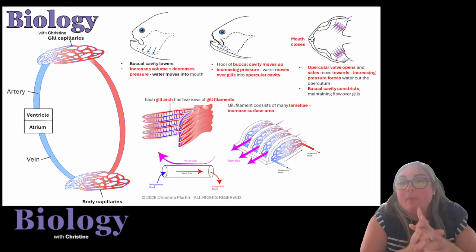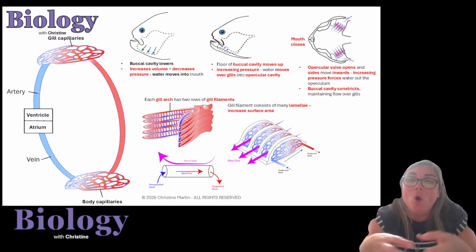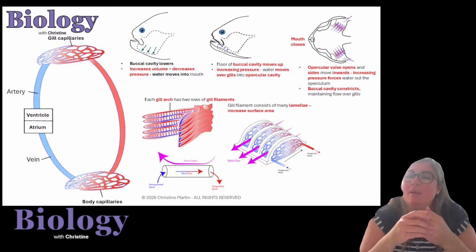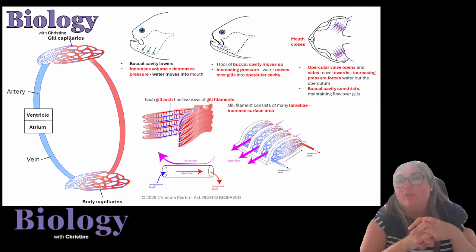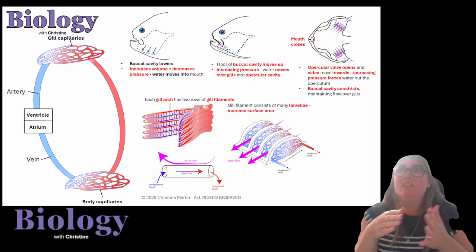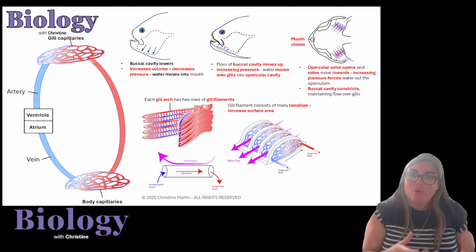So remember, metabolic demand, your metabolism, is talking about all the chemical reactions that are happening. Whenever we talk about the metabolic demand, we do tend to refer to respiration, and therefore the need for respiration to produce the ATP, and the ATP being required for the chemical reactions that are happening.